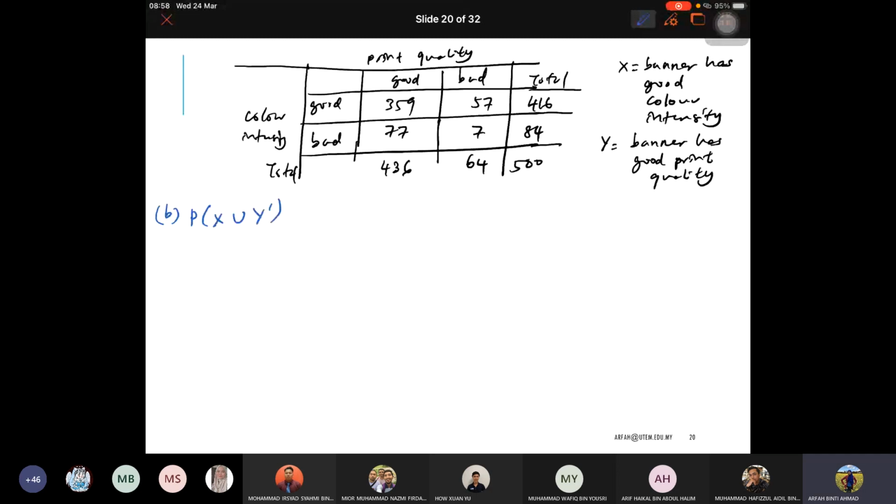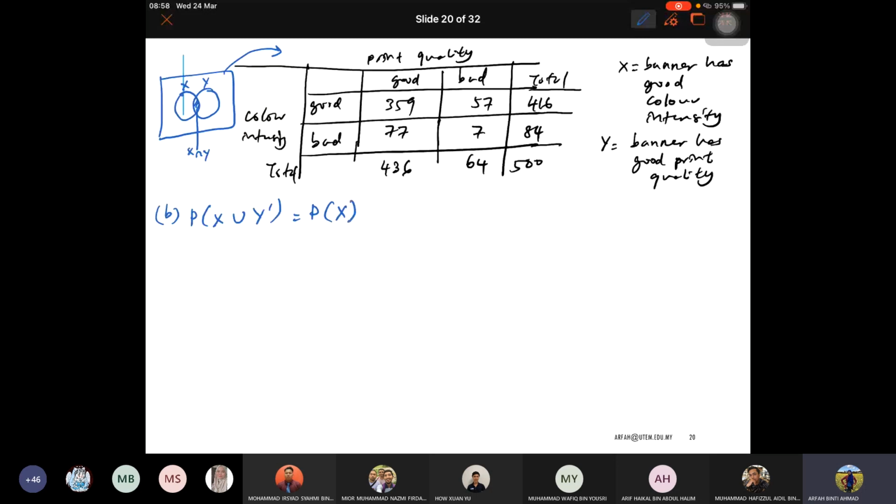Okay. So, kalau ikutkan konsep kebarangkalian, sebab peristiwa ni dia ada pertindanan kalau awak lukis dia punya Venn diagram. So ini X, Y dan awak akan ada X dan Y. Sebab satu banner tu dia akan ada good color quality and also good print quality. So this is the Venn diagram if you want to draw the Venn diagram. So probability of X or Y, kita akan gunakan konsep kebarangkalian tadi.